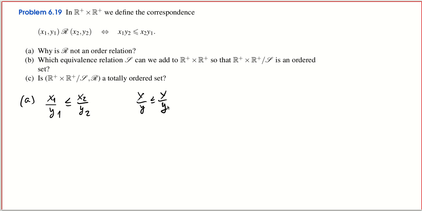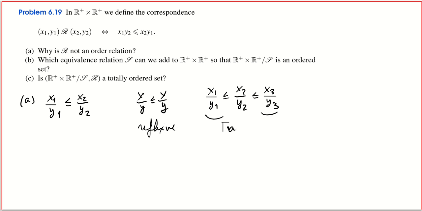And it's also transitive because if x1 over y1 is smaller than or equal to x2 over y2, and this one is smaller than or equal to x3 over y3, then of course this one is smaller than or equal to this one, right? So it is reflexive and transitive. This is no problem. The problem is anti-symmetry, and the reason is this.